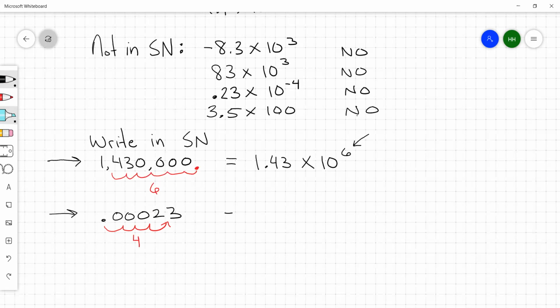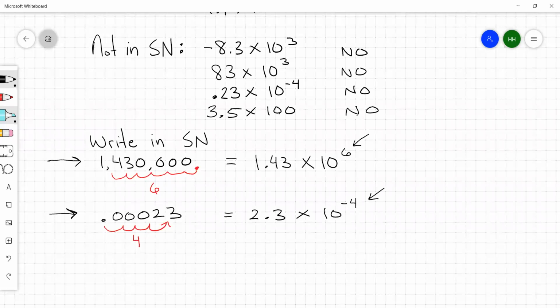So in scientific notation, we've got 2.3 times 10, and since we moved the decimal 4 places, it's 10 to the negative 4 power.